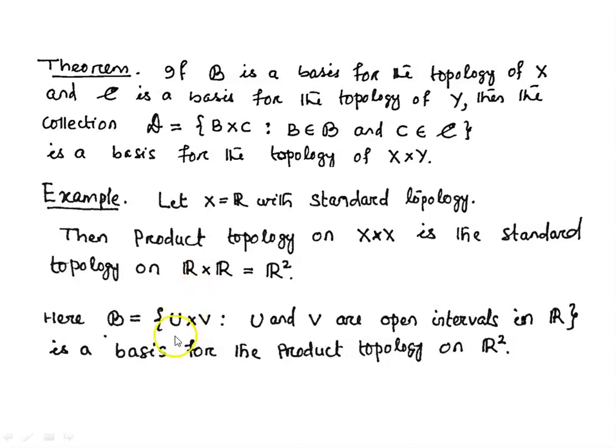So open sets of R with standard topology is either an open interval or some union of open intervals. Here B contains product of open sets in R with open sets in R. That means B is equal to the collection U cross B, where U and B are open intervals in R. Clearly this B is a basis for the product topology on R.